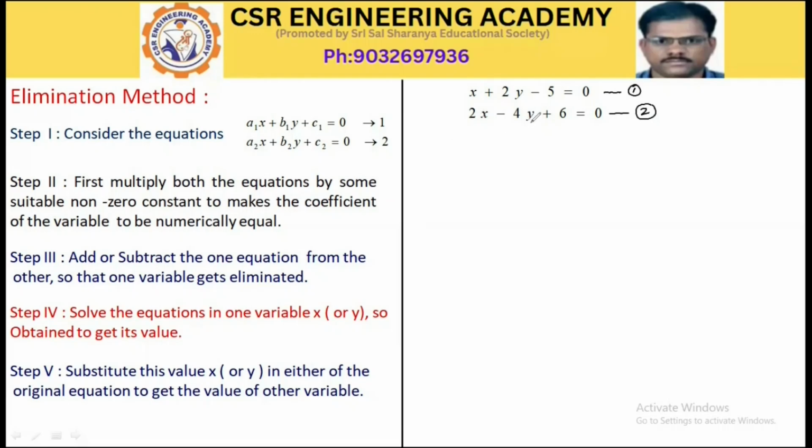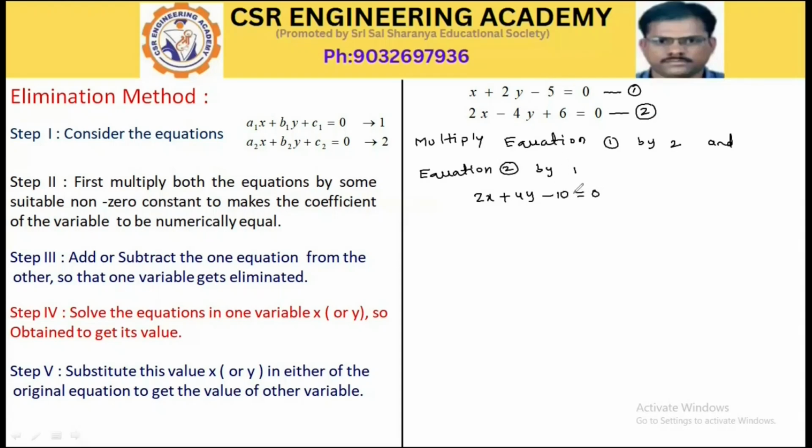So we have to multiply equation 1 by 2 and equation 2 by 1. That is 2 into x, 2x, plus 2 into 2y, 4y, minus 2 into 5, 10, is equal to 0.